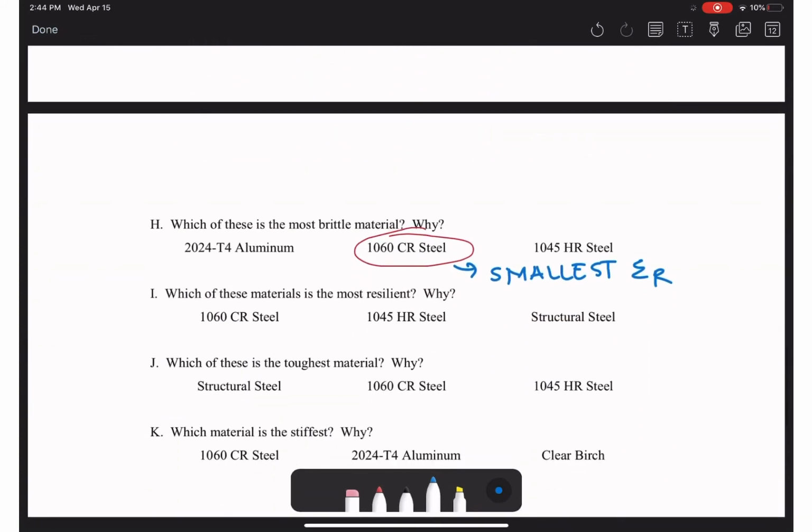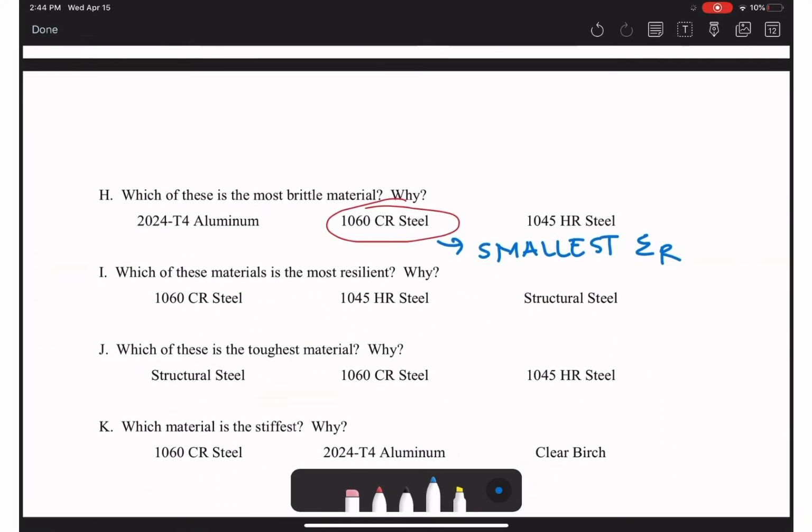So from that we can say the 1060 CR steel is the most resilient because it has the largest area under the elastic region.